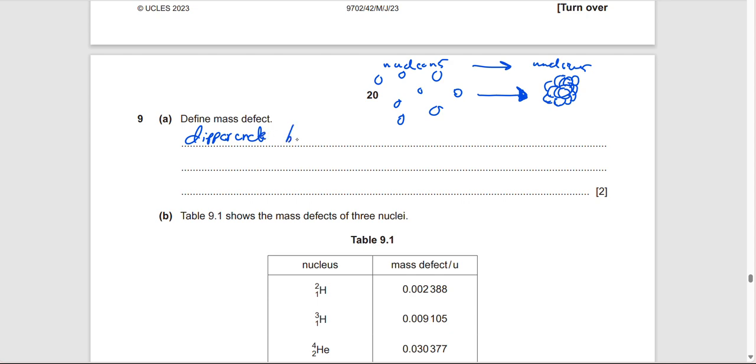The difference between the total mass of the constituent infinitely separate nucleons. Don't forget this word, because it shows that they're infinitely separated. There's no initial connection between them at all.